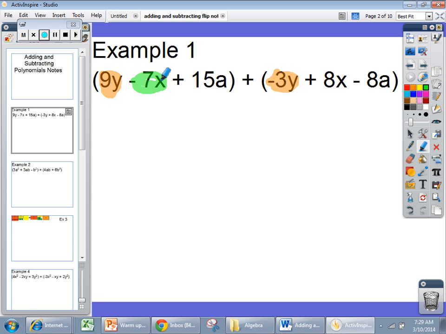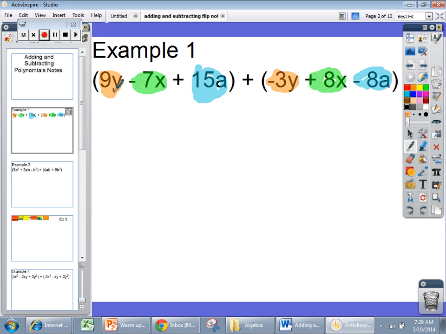Do you see any other x's? Good job. And then last but not least, we have a 15a. And do you see any other a's? Good job. So now we're going to go ahead and add together the like terms.